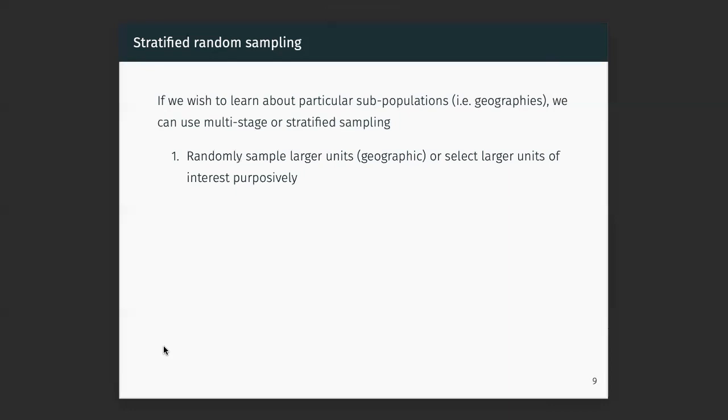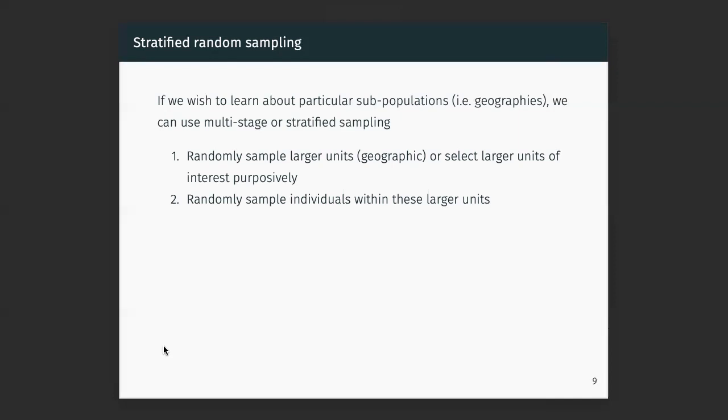So we can randomly sample. If we want to make accurate inferences about the larger population, we can randomly sample the larger units. In this case, let's say instead of just New Jersey, we're interested in learning about the population of the United States, right? We can randomly sample municipalities within the United States. Then we could randomly sample individuals within those units.